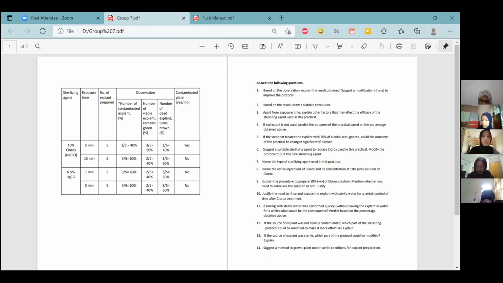So if we didn't use the alcohol, the contamination would still be there, and the surface of the plant would still not be sterile properly. That's why I give that explanation. Okay, any question?